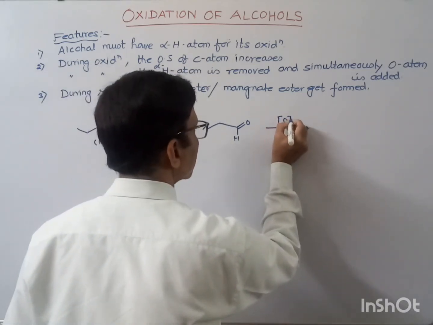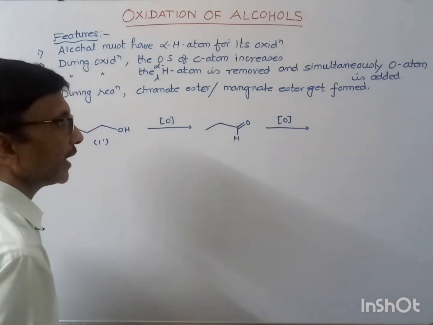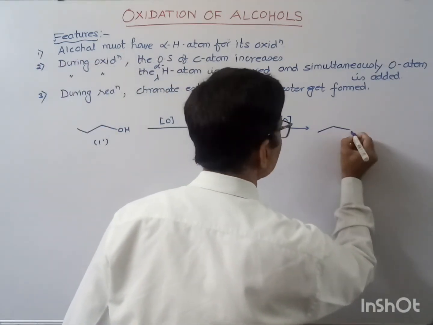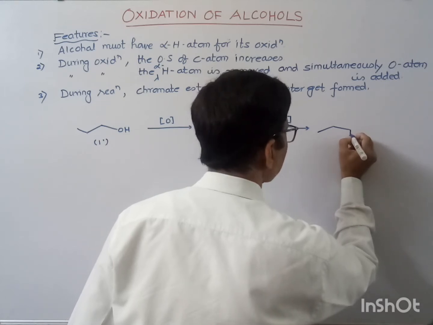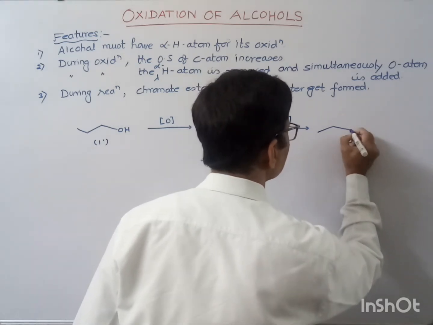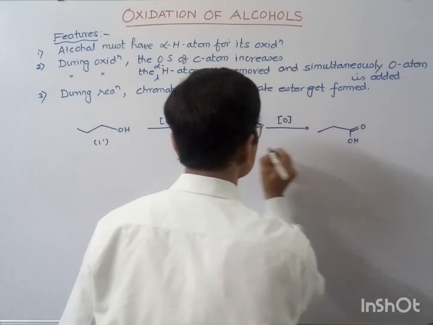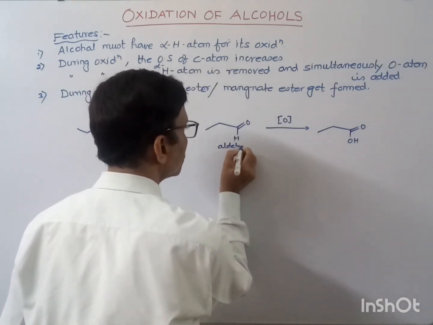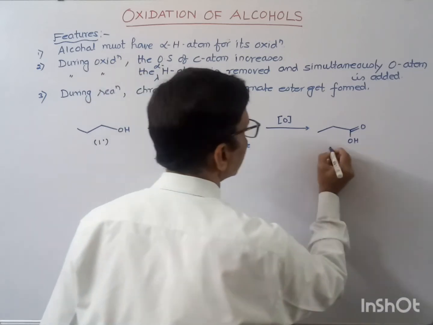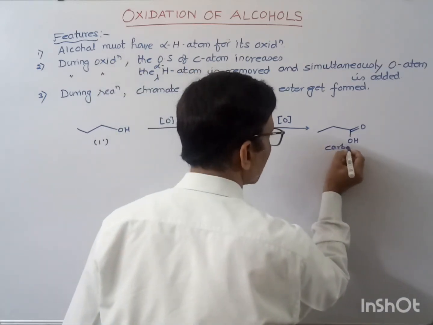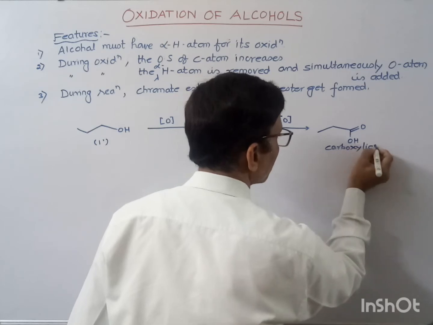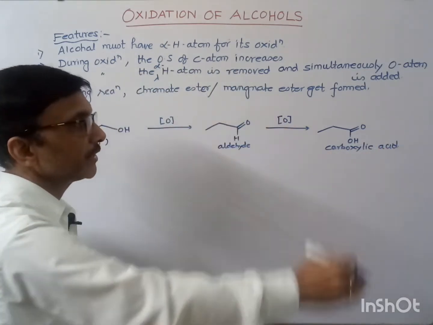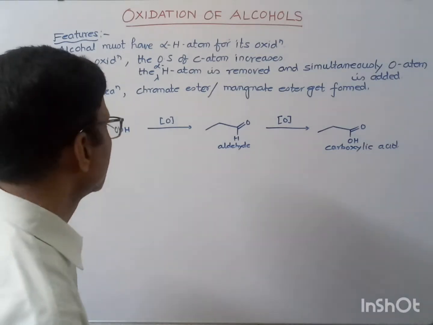again may get oxidized, and it would be converted into the acid. So from alcohol an aldehyde is formed, and from the aldehyde a carboxylic acid is formed. So the alcohol gets converted into carboxylic acid.